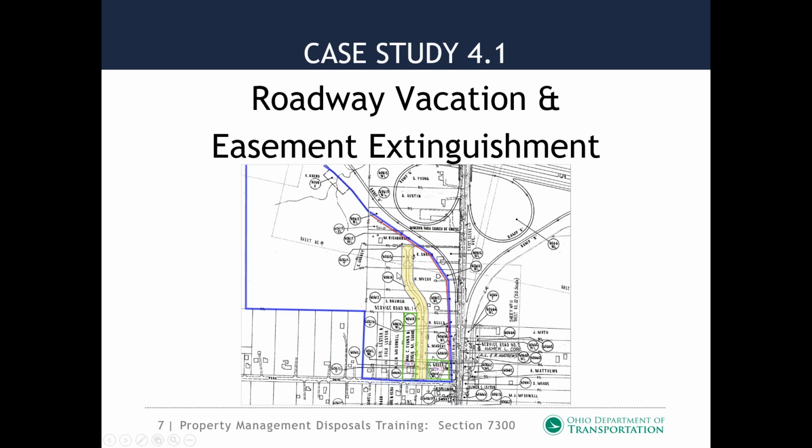They've bought all these parcels here. It's been through all in-house reviews, all environmental reviews. ODNR has no use for it. Federal Highway has approved the sales disposal or the service road's disposal. No LPAs want to acquire the property.